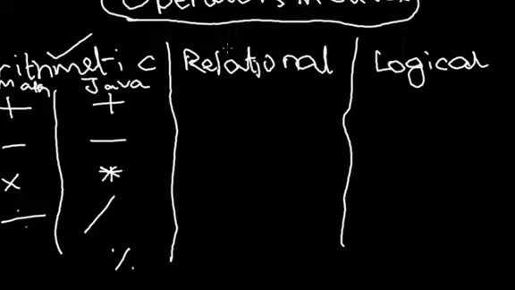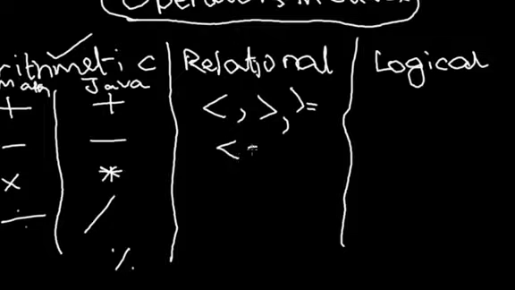Now let me get into relational operators. It's very simple. You have less than, you have greater than, greater than or equal to, less than or equal to.